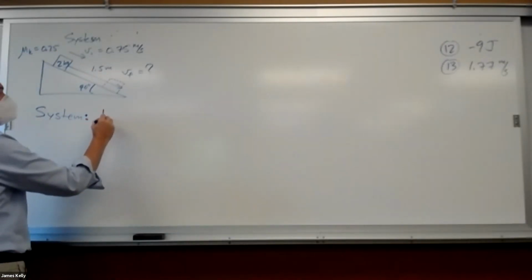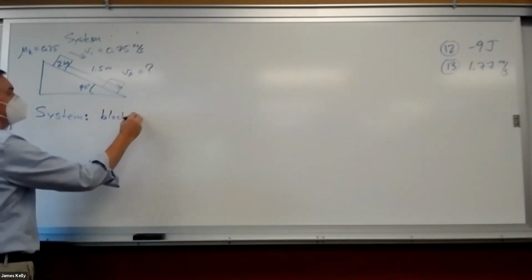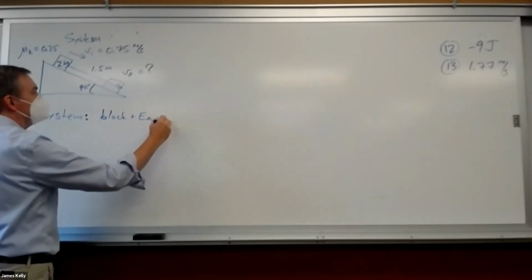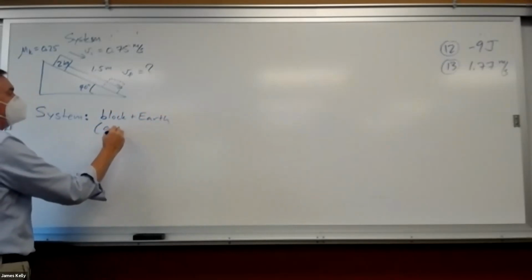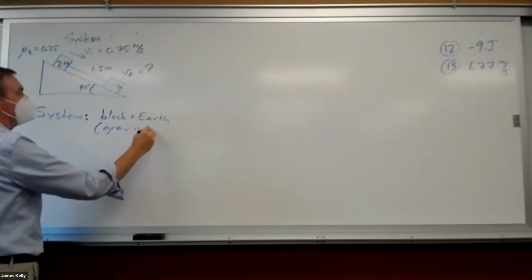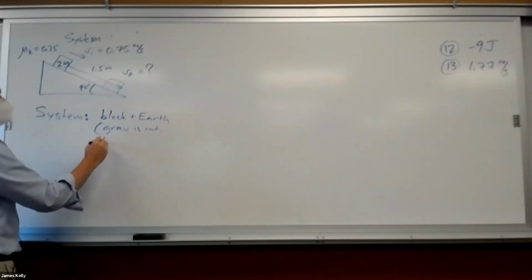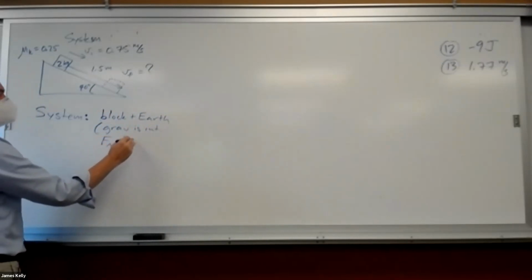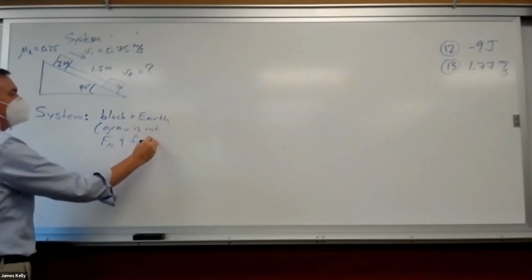So I'm going to take the block plus Earth as my system. Gravity is internal. The normal force and kinetic friction are external.